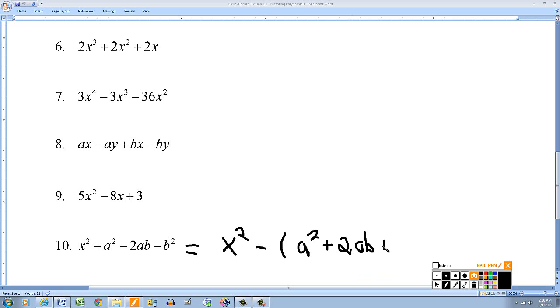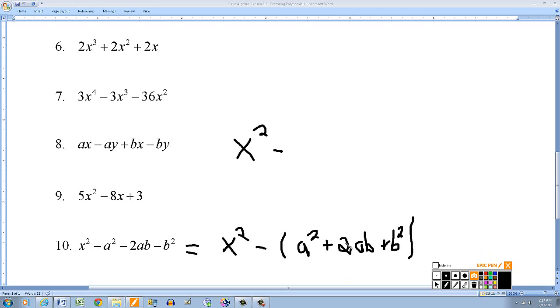Okay, so now let me go up here. So this then is going to be x squared. Now this here in the parentheses is a squared plus 2ab plus b squared. That's a trinomial.